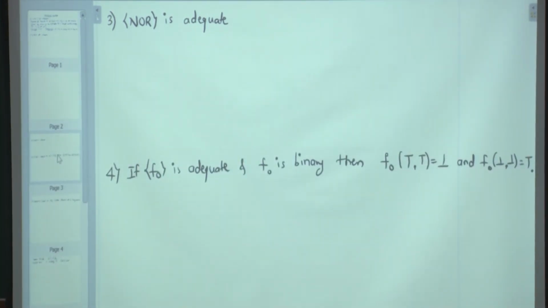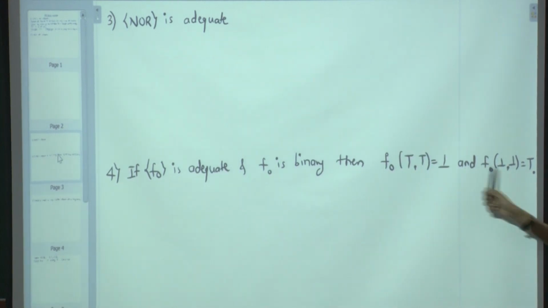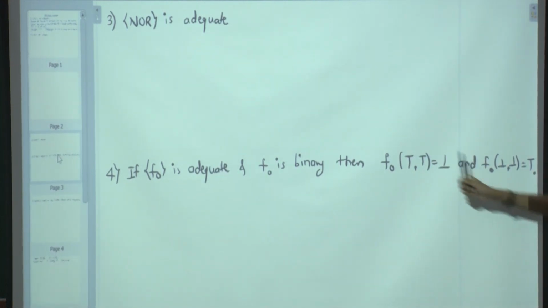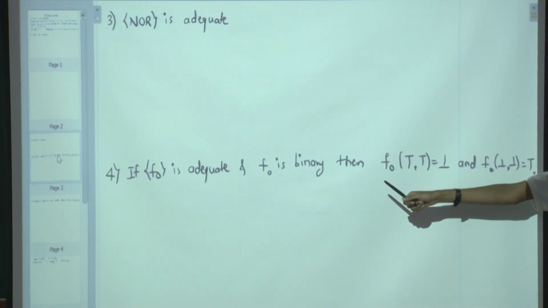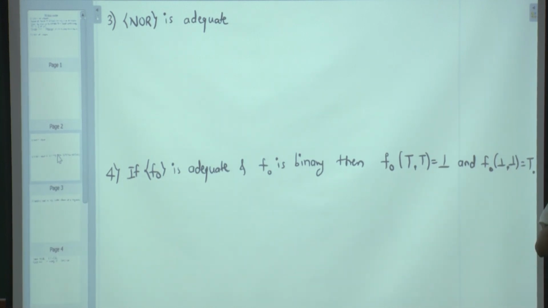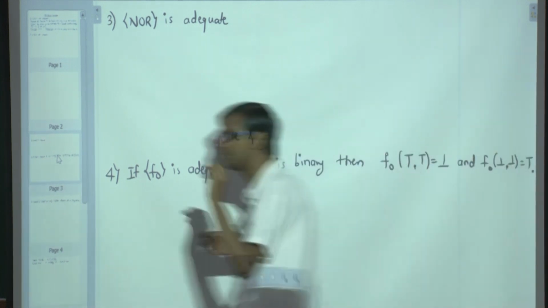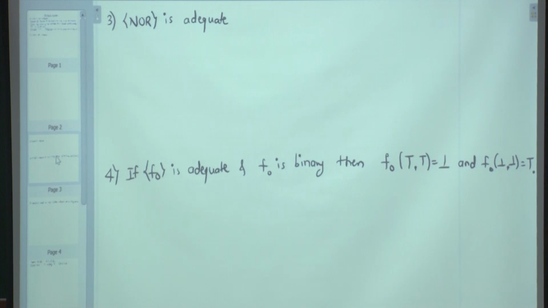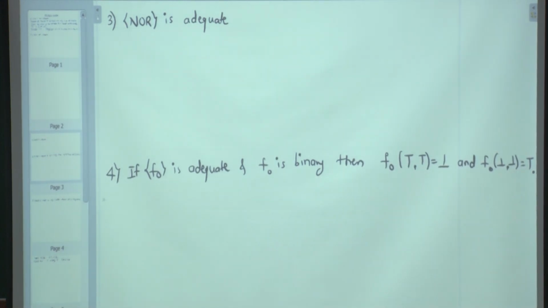If one of these fails, then you have to show that F0 is not adequate. So don't say that both of them fail together, because the statement is an 'and'. The negation of a conjunction is the disjunction of negations. So you do that. I will write down a few steps so that you will have some help. So we prove the contrapositive.